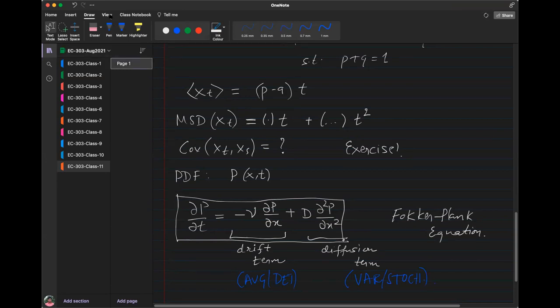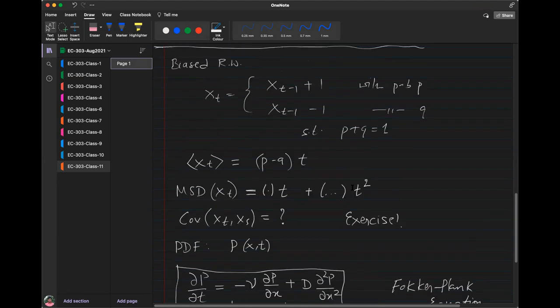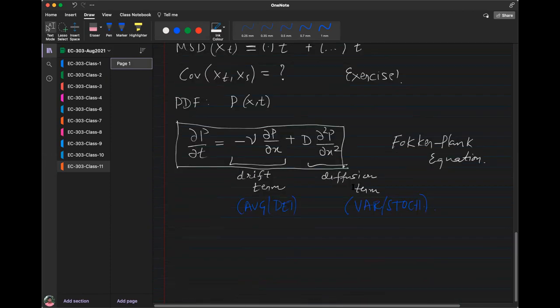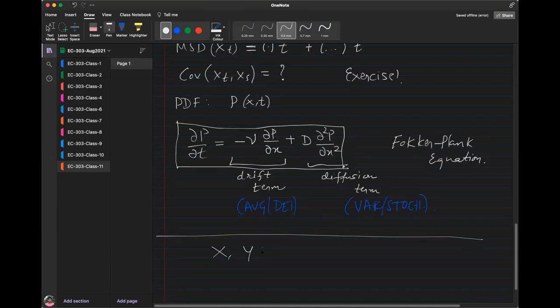Any question before I go forward? So I didn't understand what correlation tells us about the stochastic process. So correlation, if you think of it in the most general way, is the correlation between any two random variables. So think of x and y as two random variables.